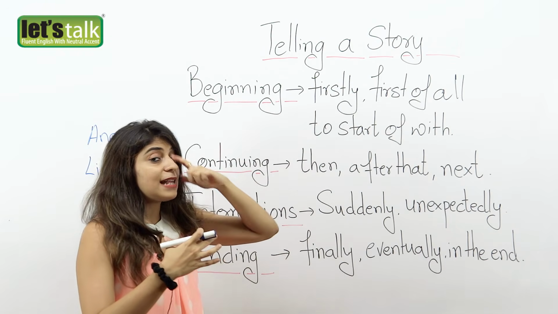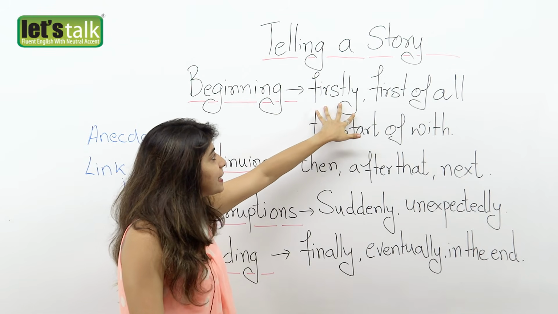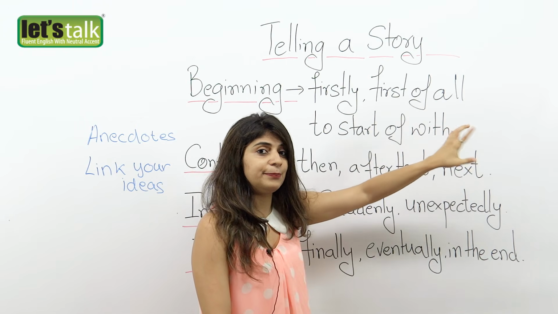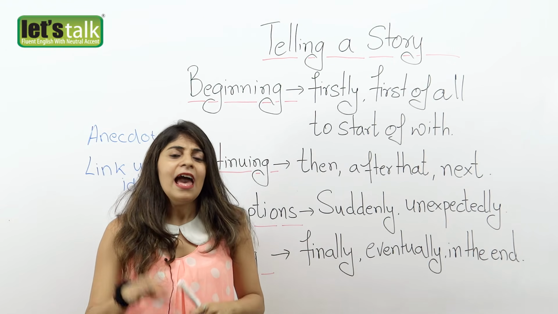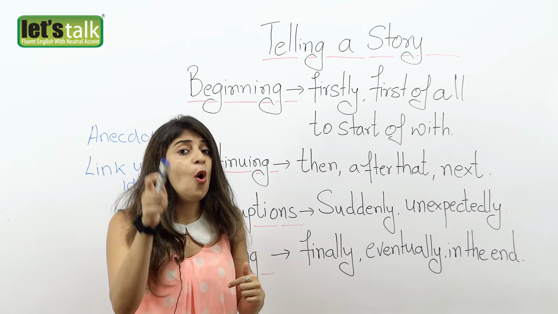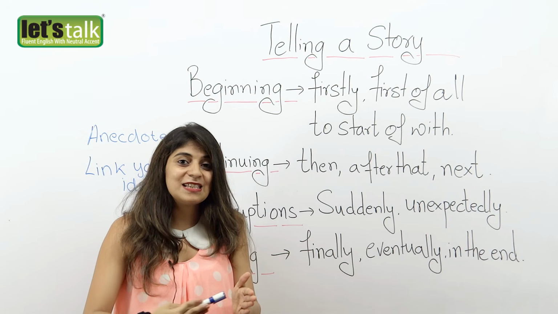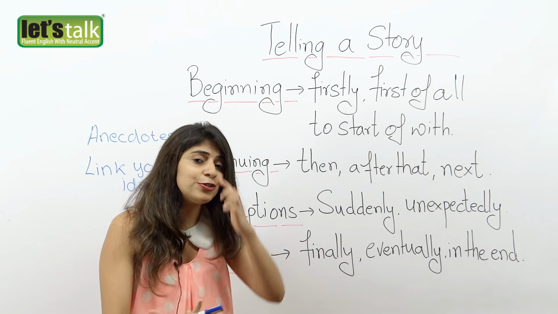Certain words that can help you to begin your story are firstly, first of all, or to start off with. Maybe you're talking to someone and you say, hey, you know what? That reminds me of what happened during that party yesterday. This is the way you'd start a conversation.